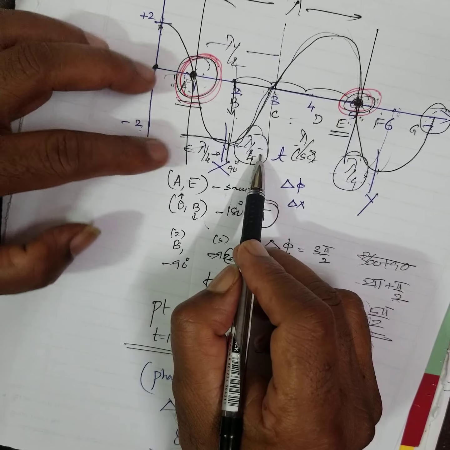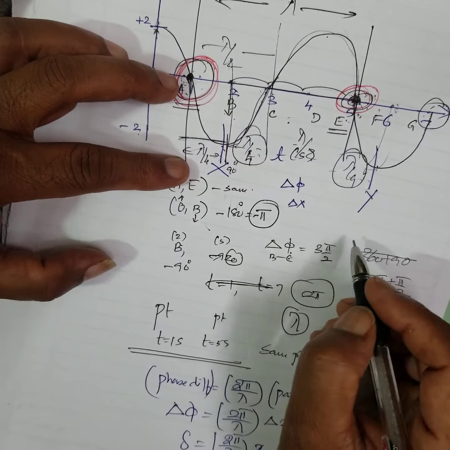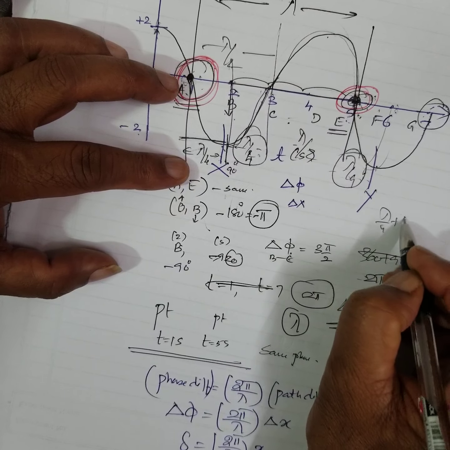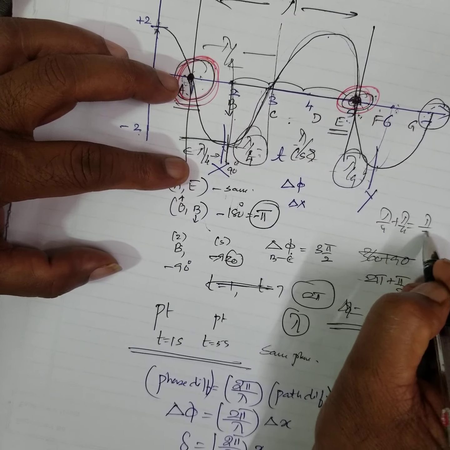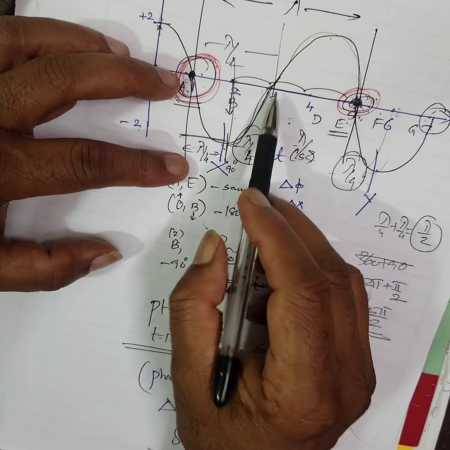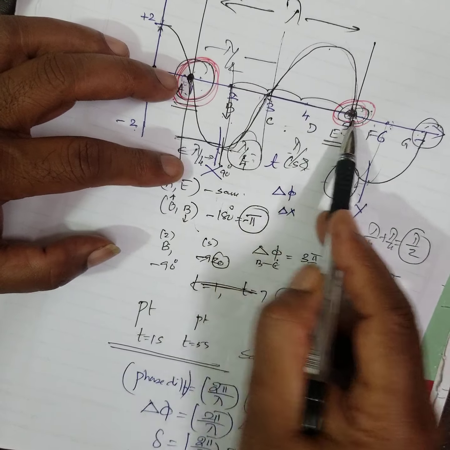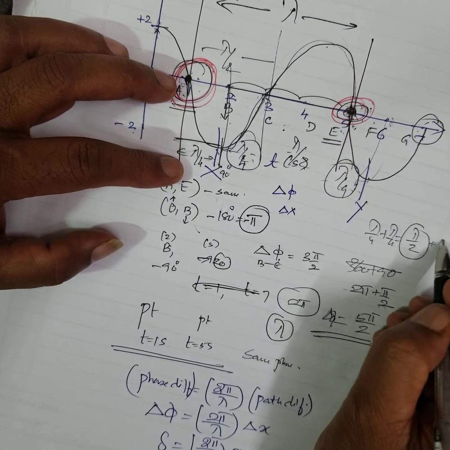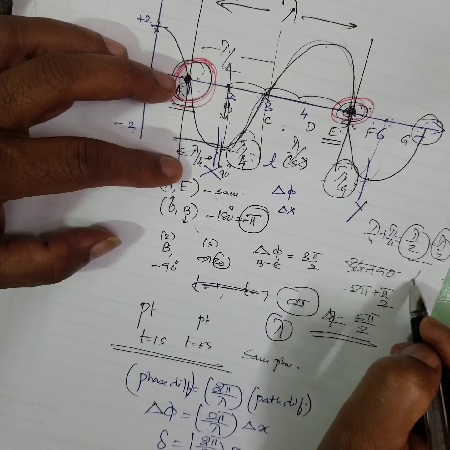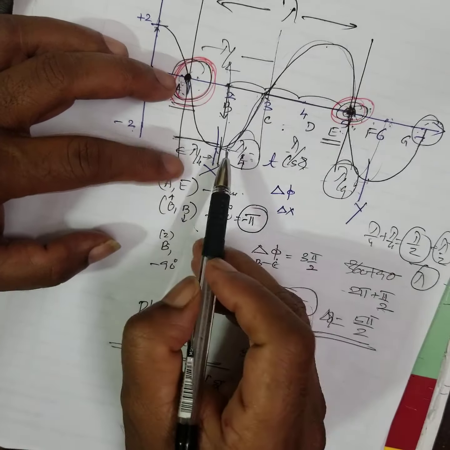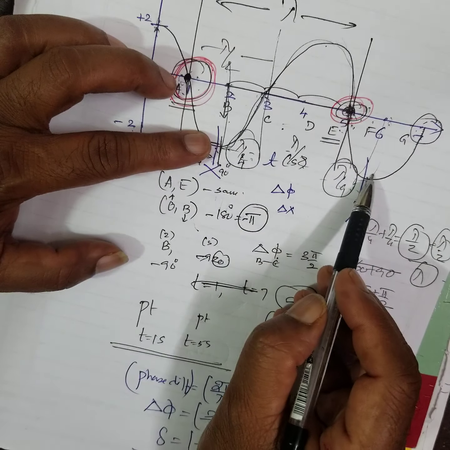Lambda by 4 plus lambda by 4 is equal to lambda by 2. Lambda by 2 from here to here. Therefore, lambda. That means this amounts to one wavelength.